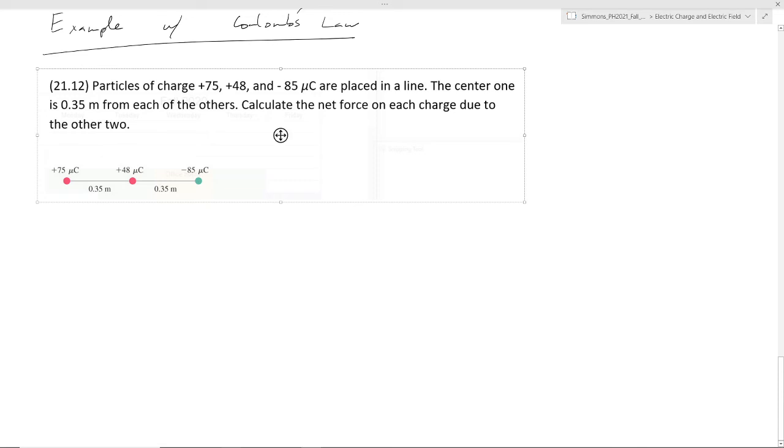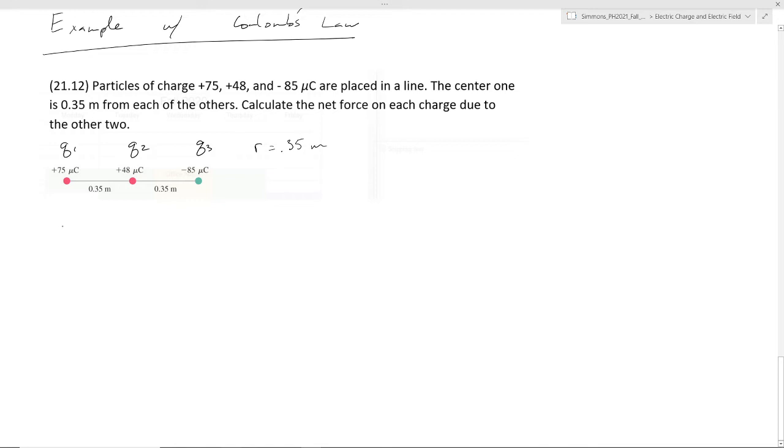So before we get going here, let's label some of this stuff so it's a little bit easier. Let's call this Q1, this Q2, this Q3. Let's recognize that the distance between these is 0.35 meters.